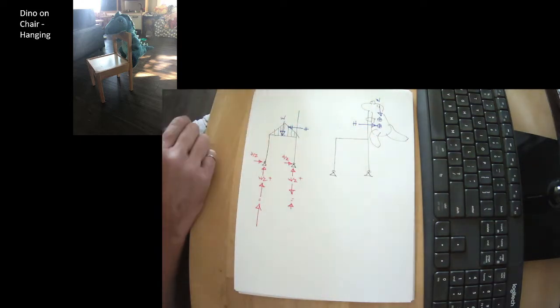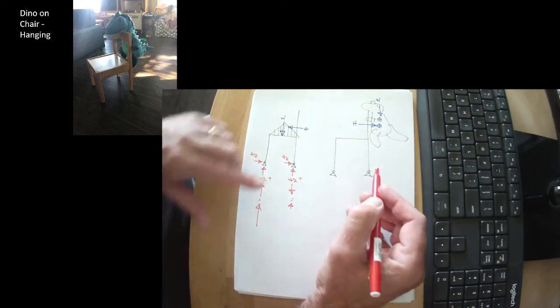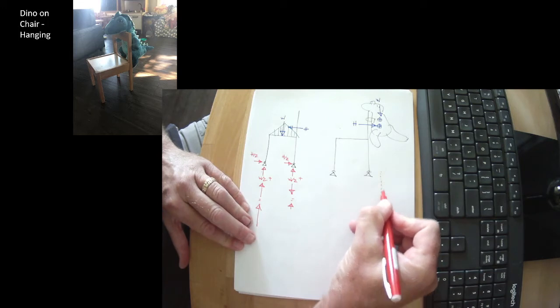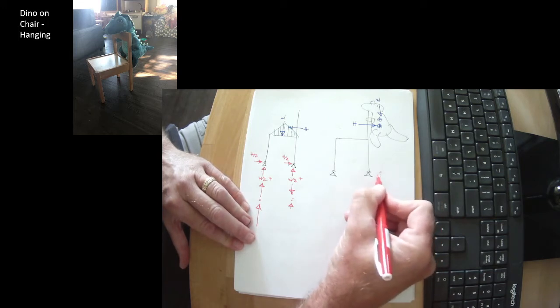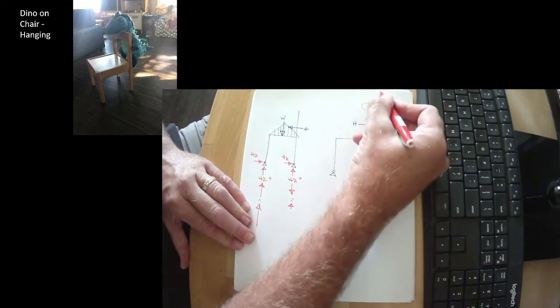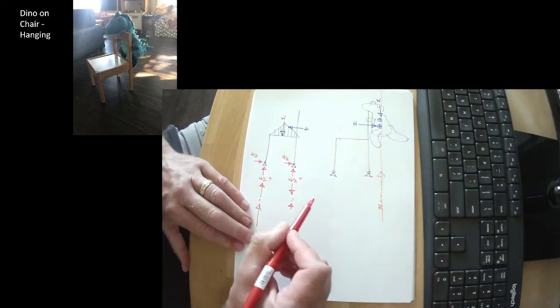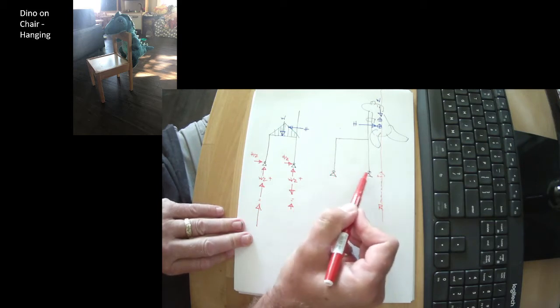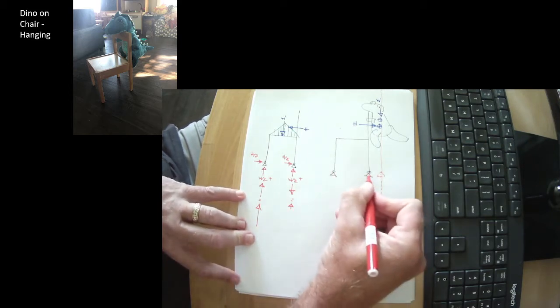So let's look at what's going on here. Well, we've got weight. The weight is applied out here. We know that the resultant has to pass through that. Well, how does it pass through that if it's not in between the two legs?